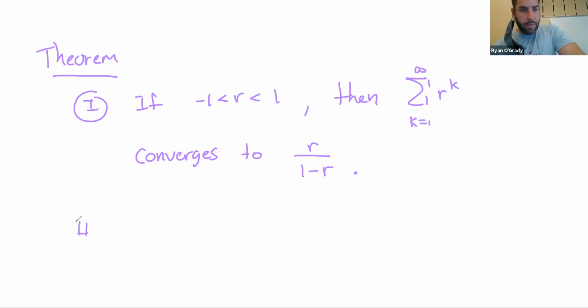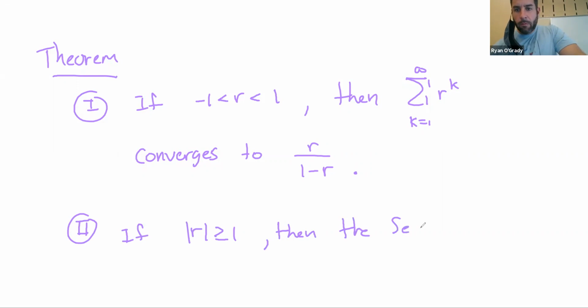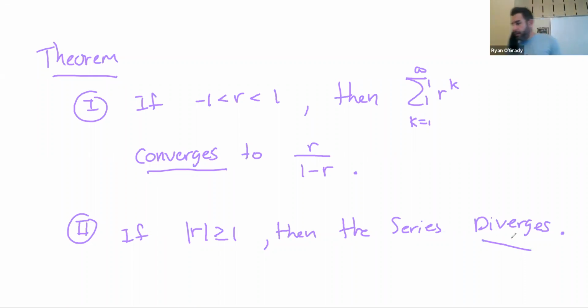And then the second piece is, if r in absolute value is greater than or equal to 1, then the series diverges. So there is a very, very simple formula for convergent geometric series. And we're going to do examples on the next page, so don't get worked up.